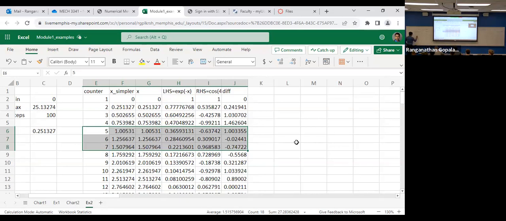Okay, at x equals 1.005, difference was positive. At x equal to 1.508, difference was negative. Yes. No, we care about the sign. We care about the sign. Who said anything about not caring about the sign?